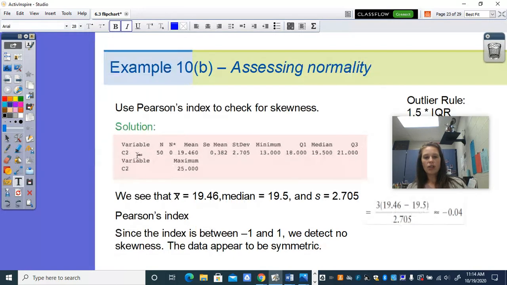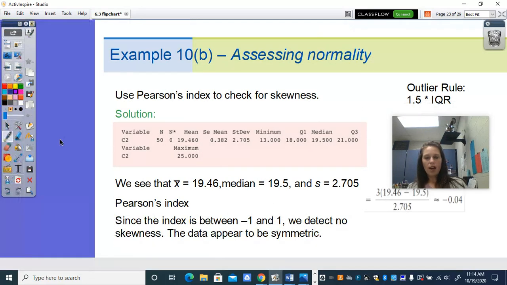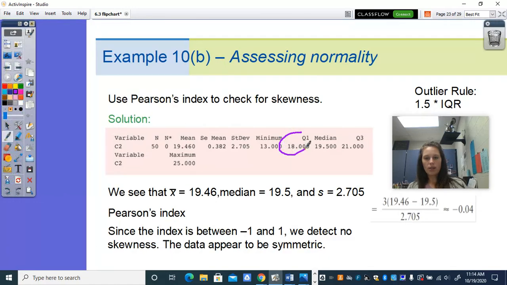But here I'm going to talk to you guys about the outlier rule. It's 1.5 times the IQR. So if you guys remember, the IQR is the interquartile range. So Q1 is 18. And Q3 is 21. So the IQR would be 21 minus 18, which is 3. So you guys know 1.5 times 3 is 4.5.